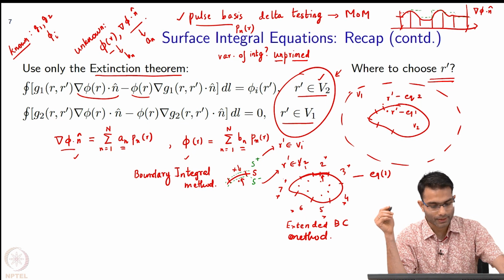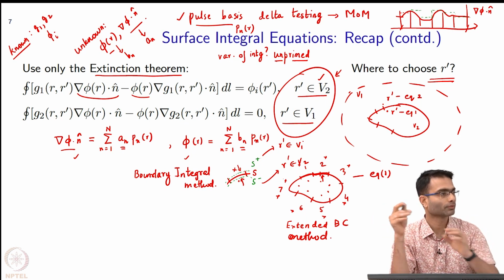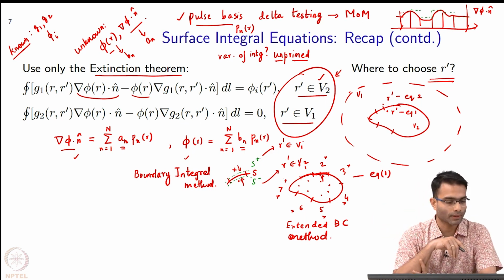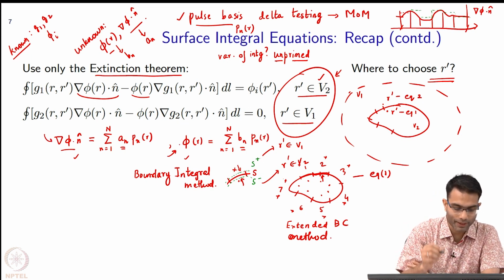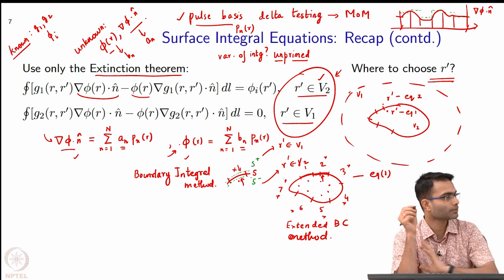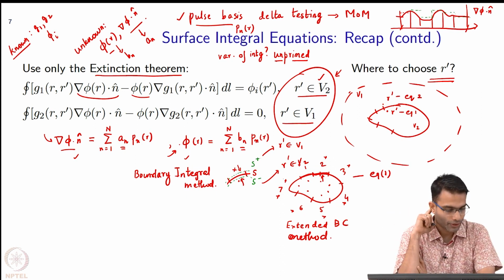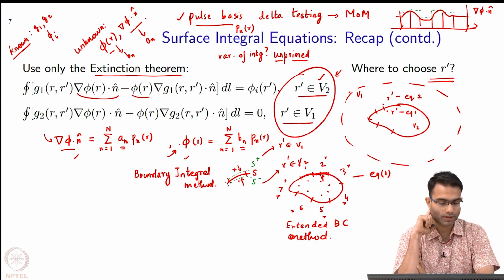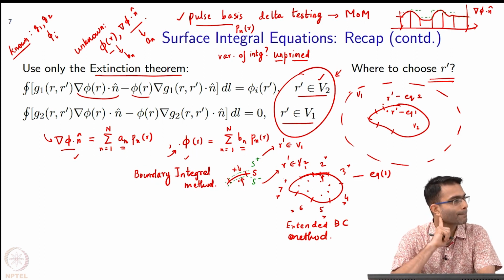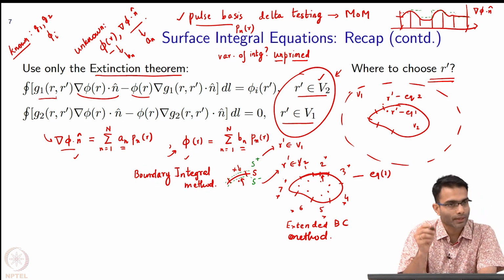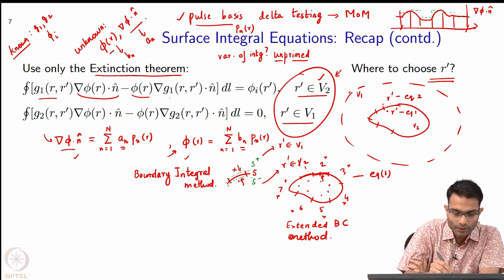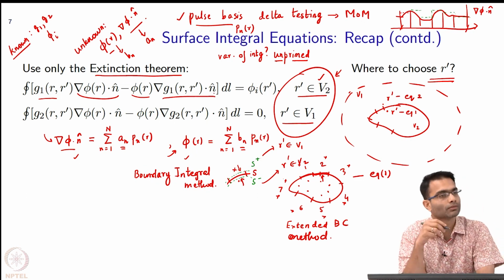What else is there in this equation to solve in the method of moments? I will substitute phi and grad phi dot n hat into this equation, right. So, what kind of terms do I have to evaluate? I will have to evaluate the integral of g1 over some segment and the integral of grad g1 dot n hat.